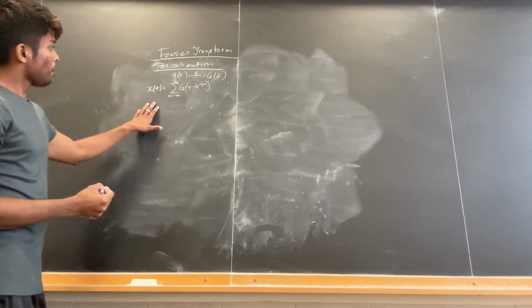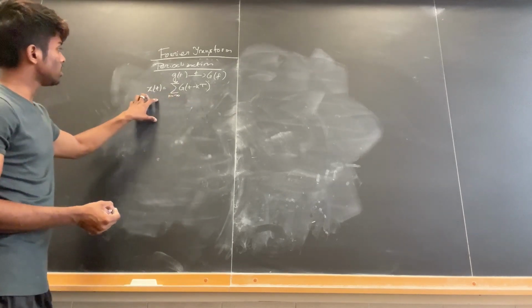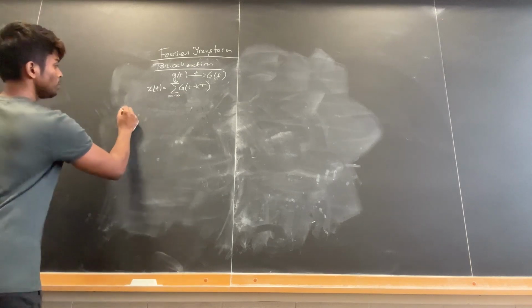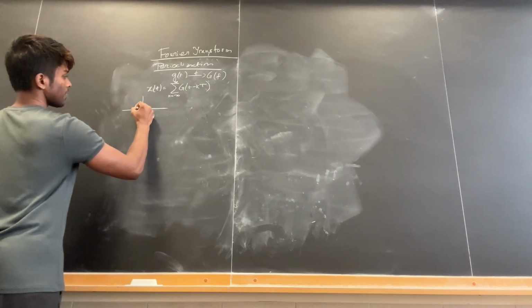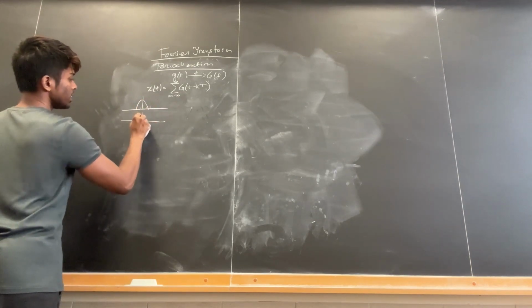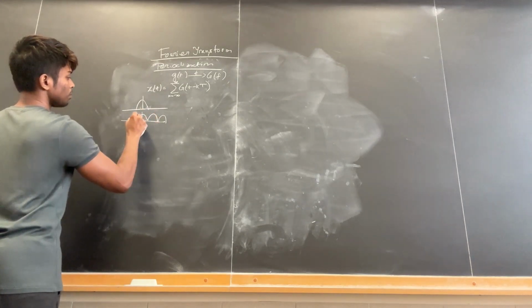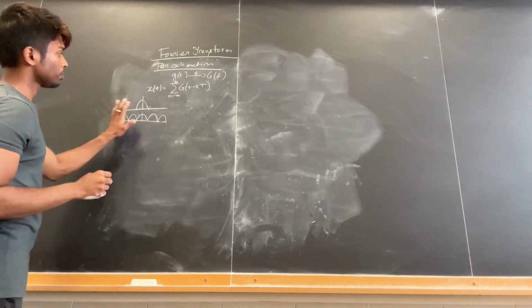So this is the periodic representation of the signal as a periodized signal. Some signal was there like this, and after periodization this signal became something like this in the time domain.